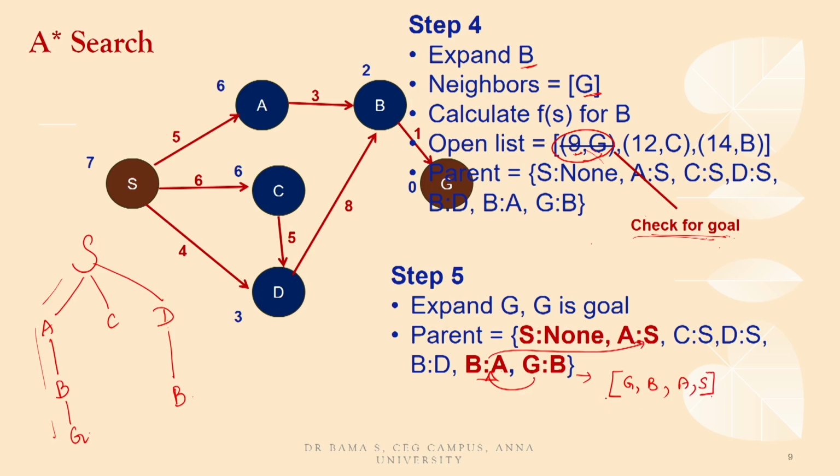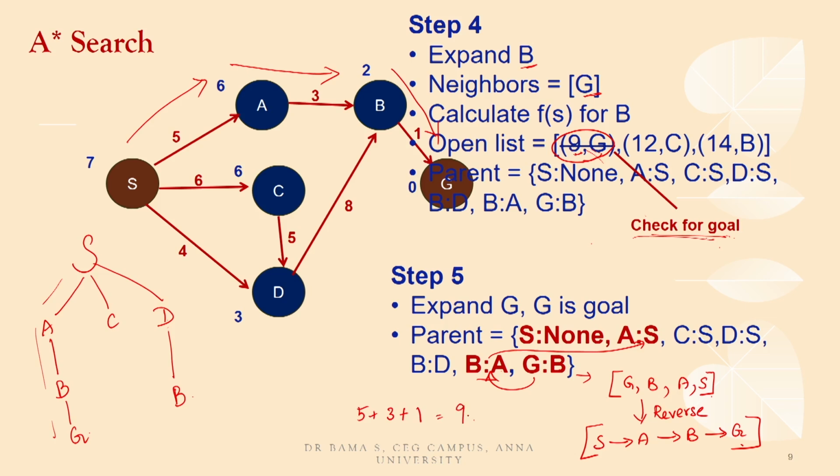Now, if we reverse this, the path will be S, A, B and G. So, this is a path with the cost as 5 plus 3 plus 1, which is 9. In the other route, it would be 4 plus 8 plus 1, 13, which is not optimal.